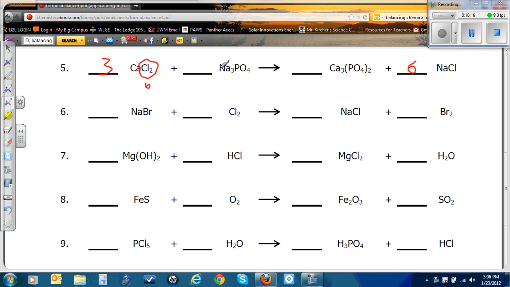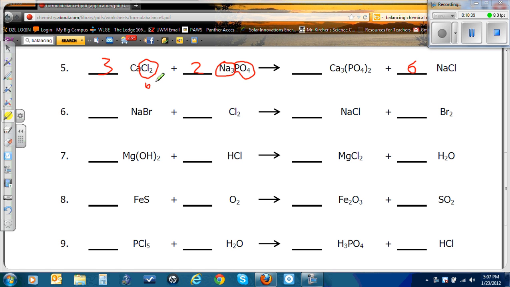Move on to the sodium. We have 3 parts here, 3 parts. And over here we now have 6, so we can put a 2 here to make that 6, okay? That 2 now has impacted this phosphate part, all right? The phosphate.